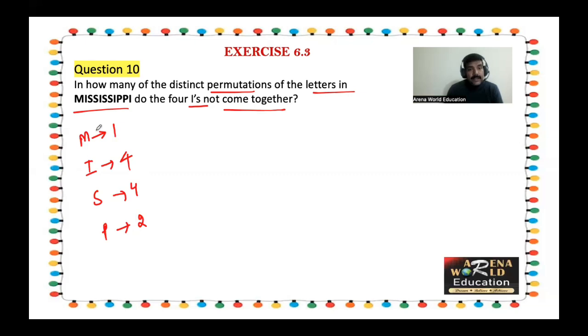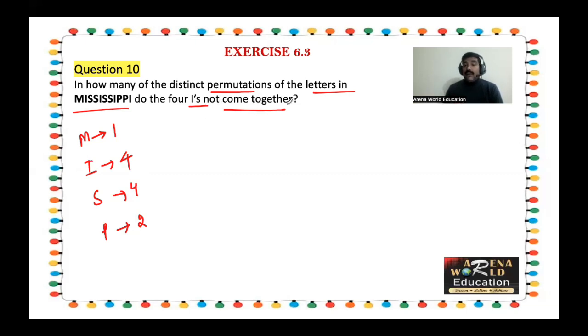Right? So is there any letter which is left? 1, 2, 3, 4, 5, 6, 7, 8, 9, 10, 11. Total 11, and we have written all. Right? So here they are talking about 4 I's not coming together. Right? So look at the case.